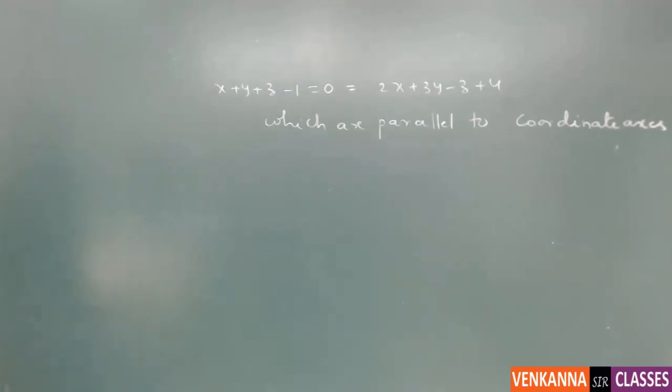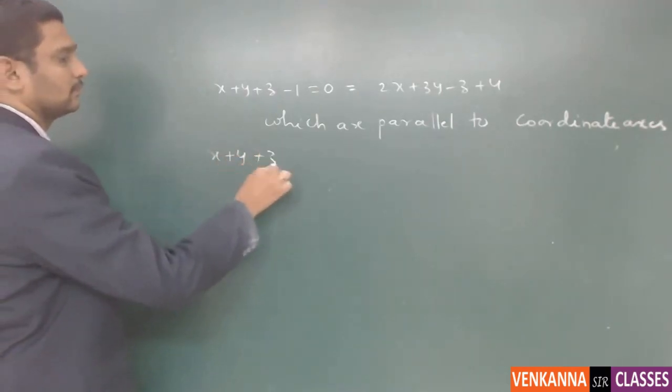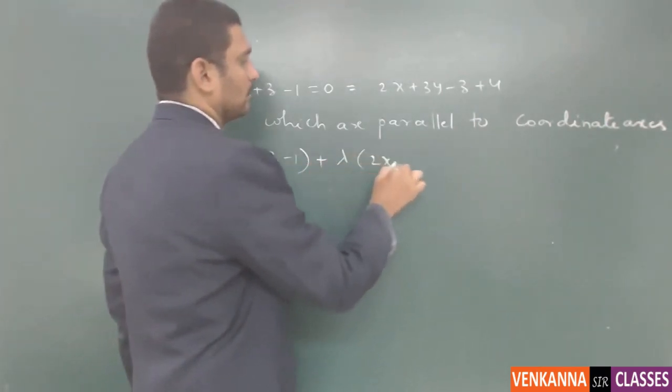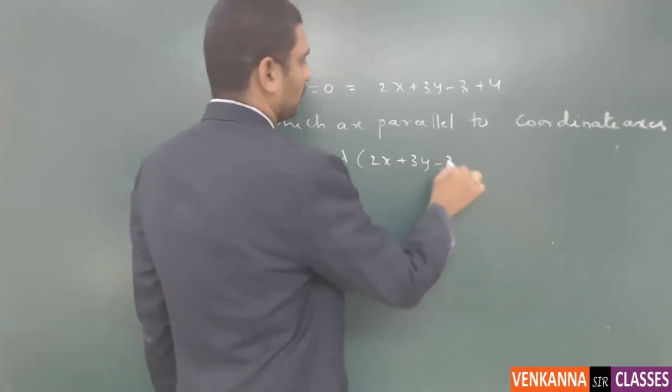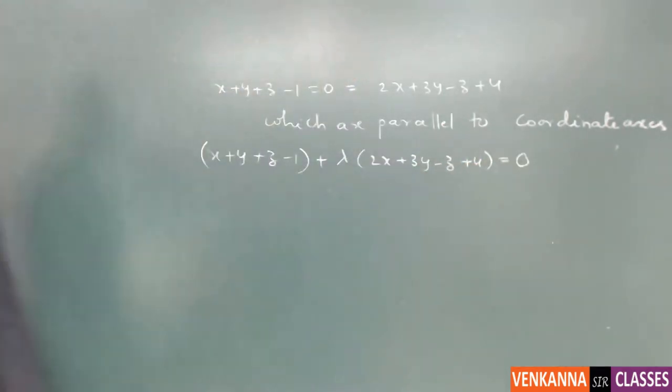So let us apply the formula pi 1 plus lambda pi 2 equal to 0 as usual. So you take the values as common here.